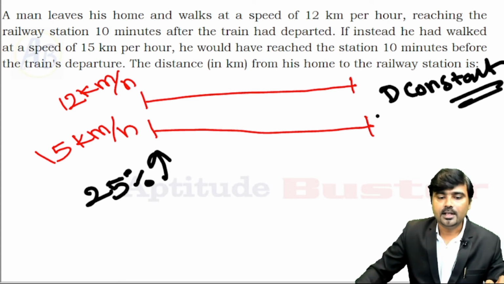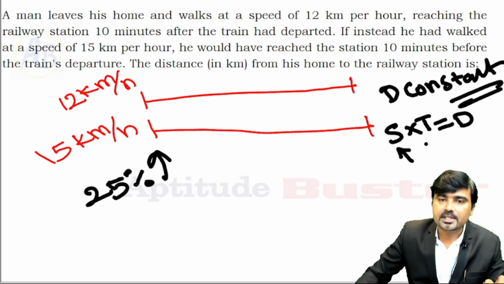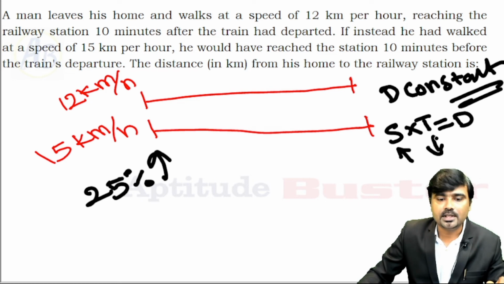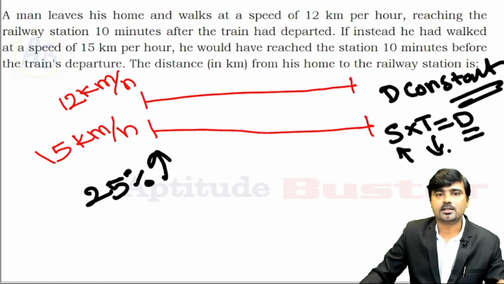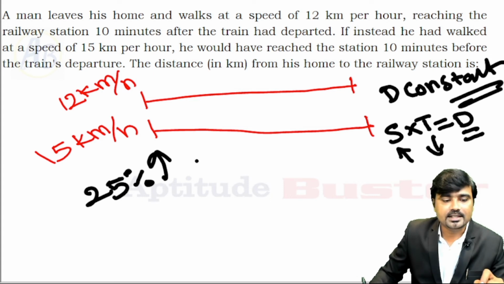Am I right? The reason is speed into time equal to distance. When the speed is increased by some percentage, then definitely time will decrease by some percentage when the distance is constant. Using this method, you can find out the answer easily.